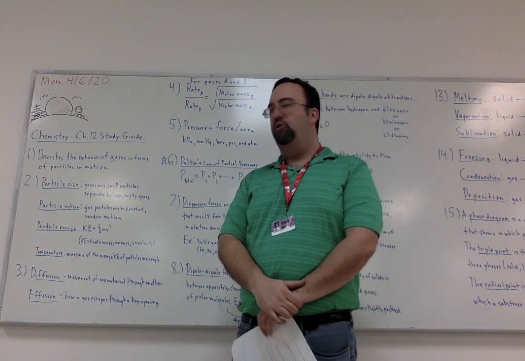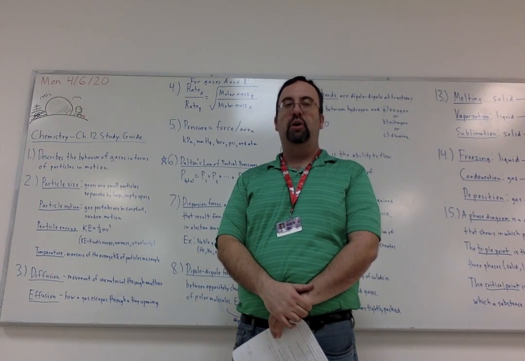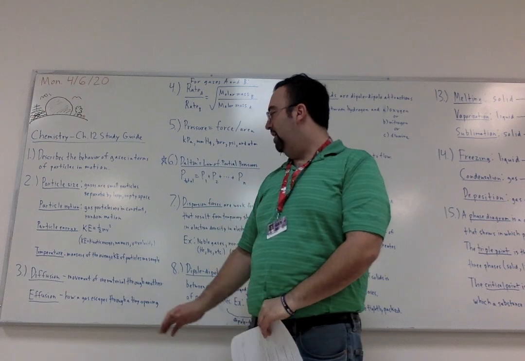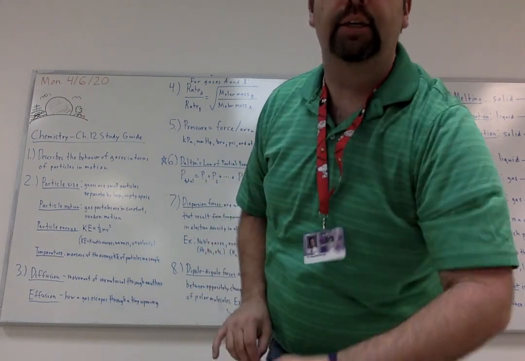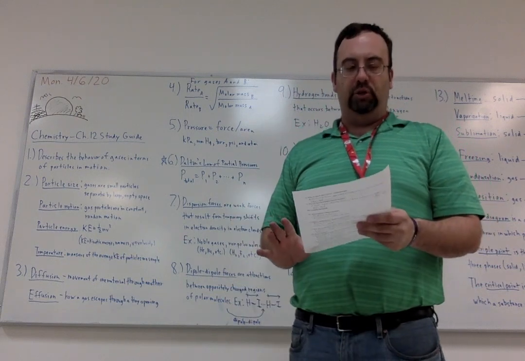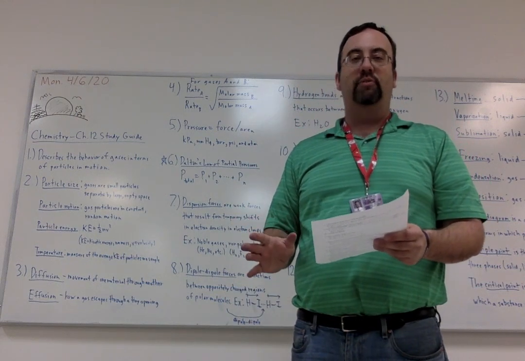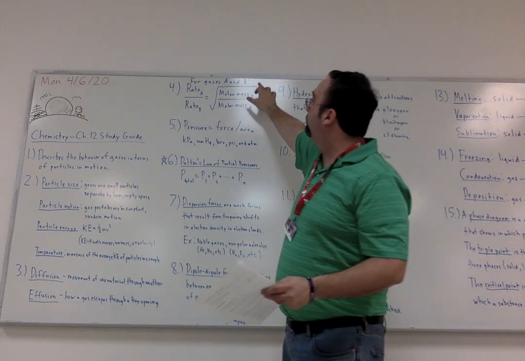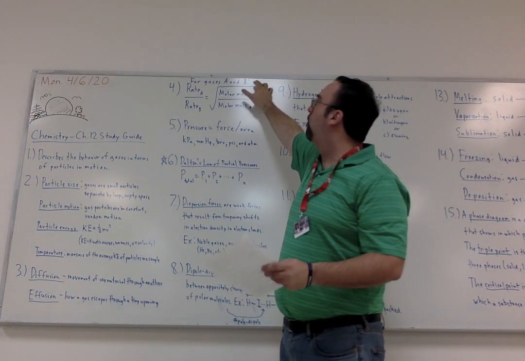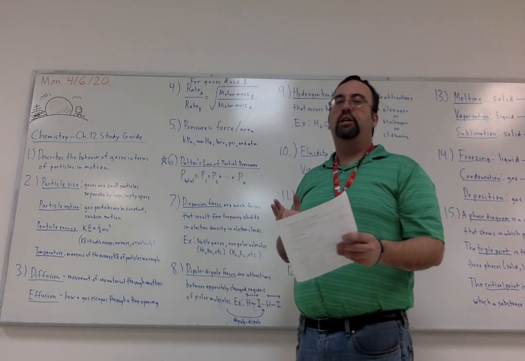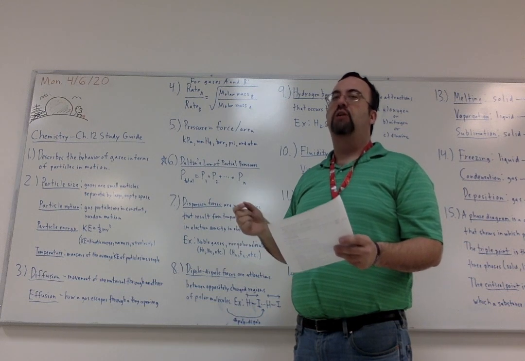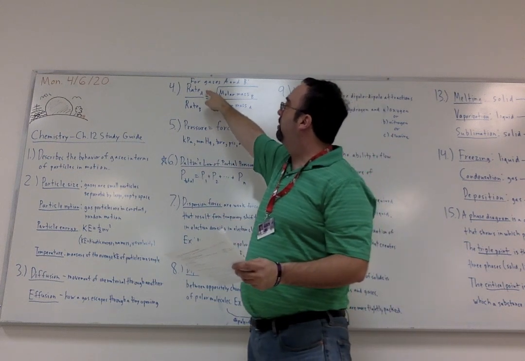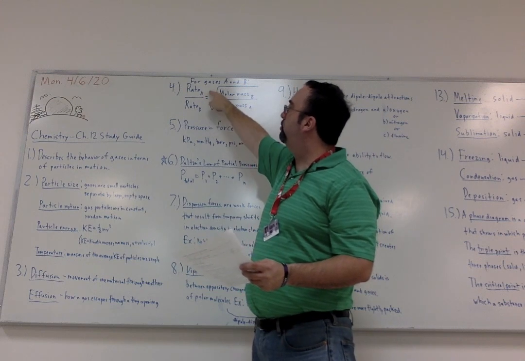Diffusion is the movement of one material through another, whereas effusion is how a gas escapes through a tiny opening. All right. We're going to also now look at Graham's law of effusion. And so we have 2 gases, which we are going to call A and B. We can describe the rate of effusion of gas A through gas B by taking the rates and dividing them into each other.